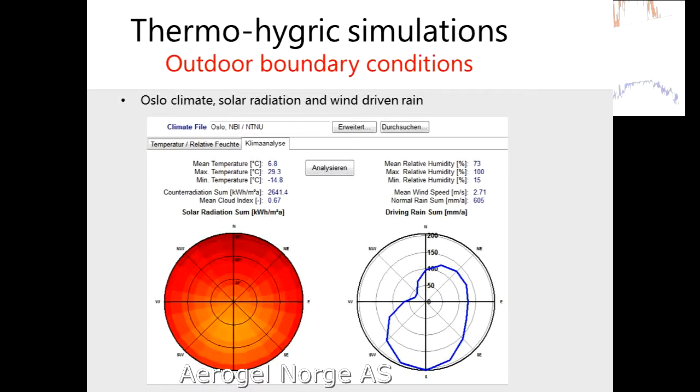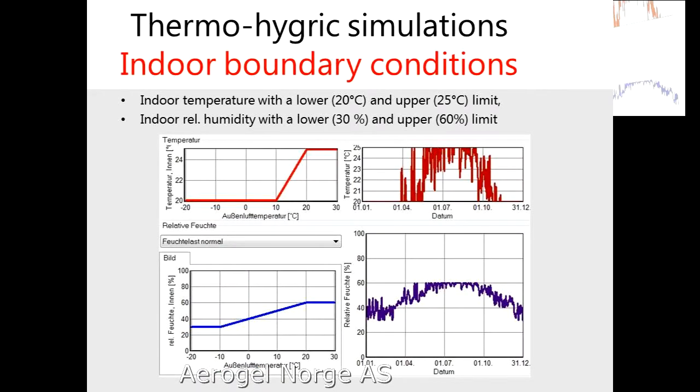For indoor temperature, we just took standard indoor temperature, 20 degrees Celsius normally, and then you see here, when the external temperature rises, also the internal temperature will rise, and there is also an indoor relative humidity, which is between 30 and 60%.